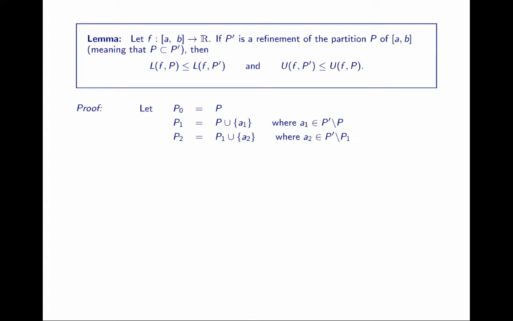It's a new point. And we'll continue in this way. We'll add a kth point to P(k-1), and we'll get Pk. At some point, we'll arrive at our refinement. In other words, there's an L for which PL is equal to P prime. Right? L is just how many more points our refinement has than our original partition.